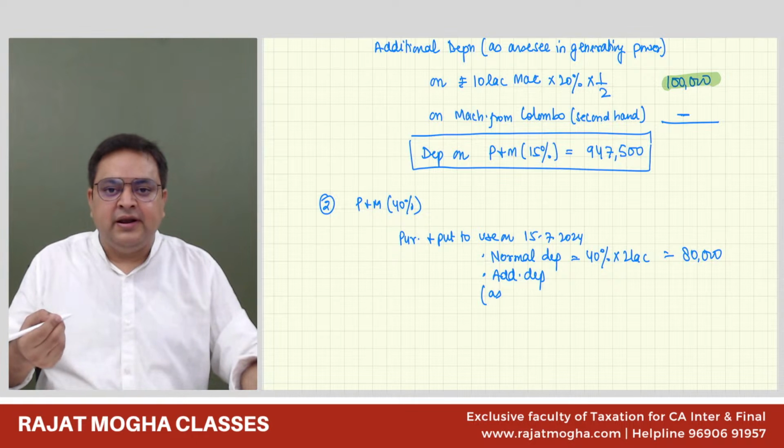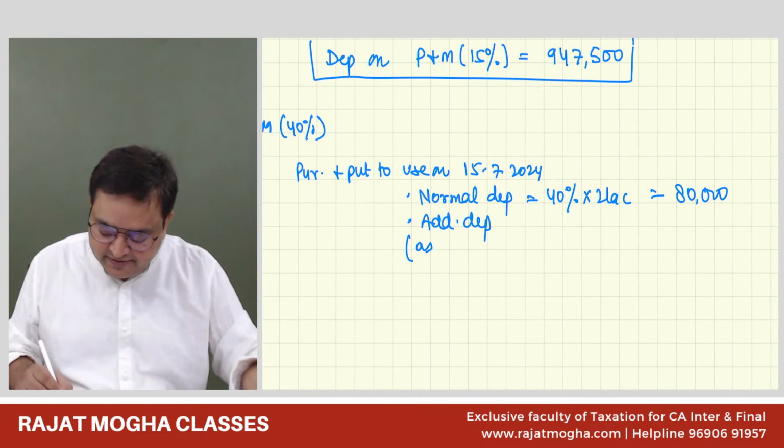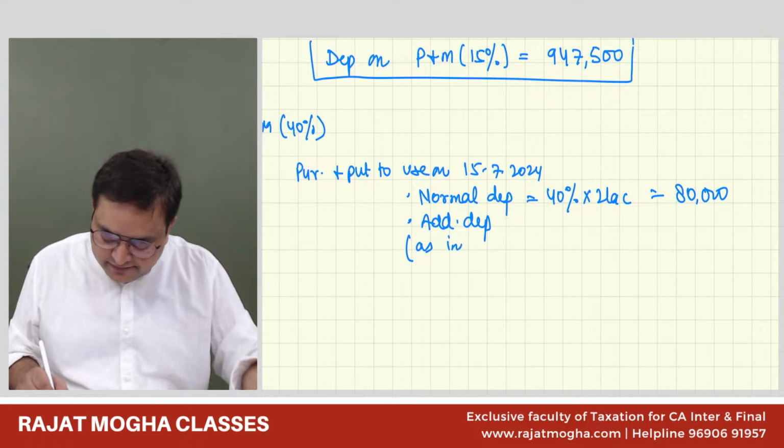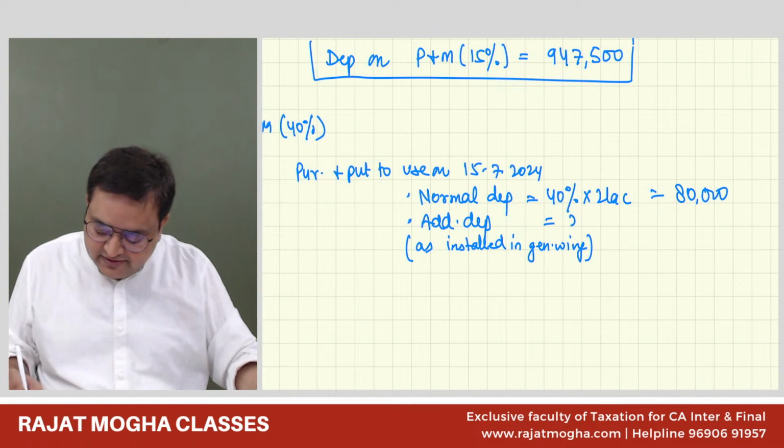As for why you are claiming additional depreciation, write it. Just tell him why you are taking additional depreciation: as installed in the generation wing. As you have installed it in the generation wing, that is the reason you are claiming additional depreciation, 20% of 2 lakh.